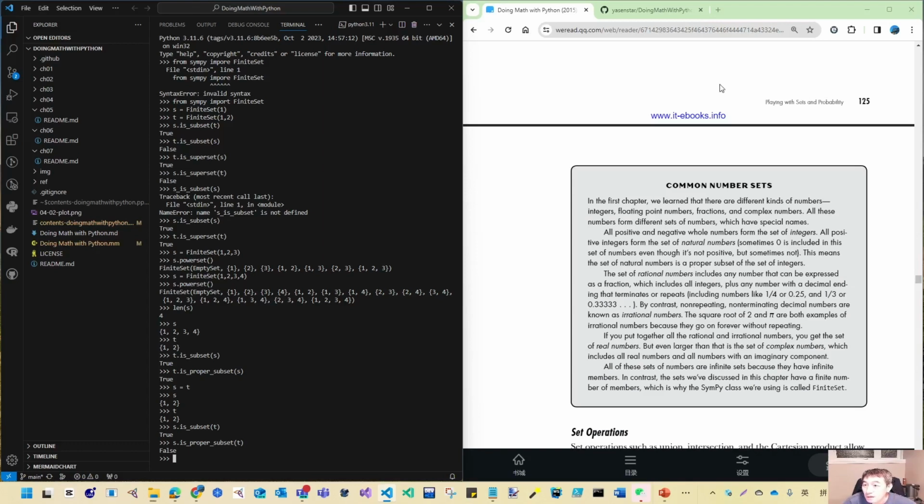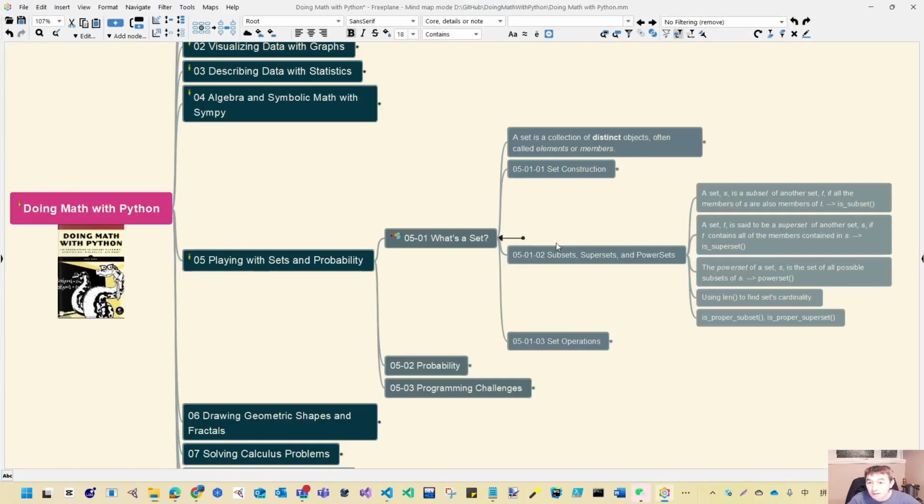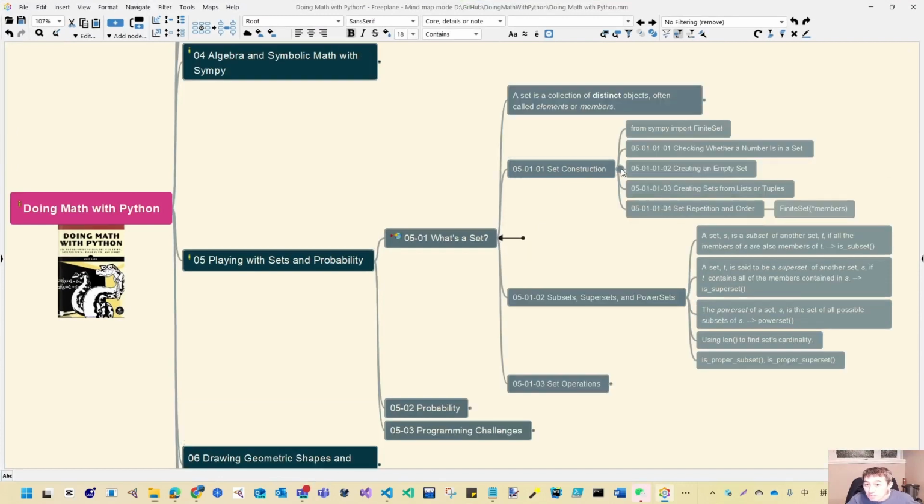And here are some common numbers and discussion. I would like you to read some of this from the book; I will not touch on that. So we have finished our discussion on these two parts. First is set construction, including the definition and the history of set theory.